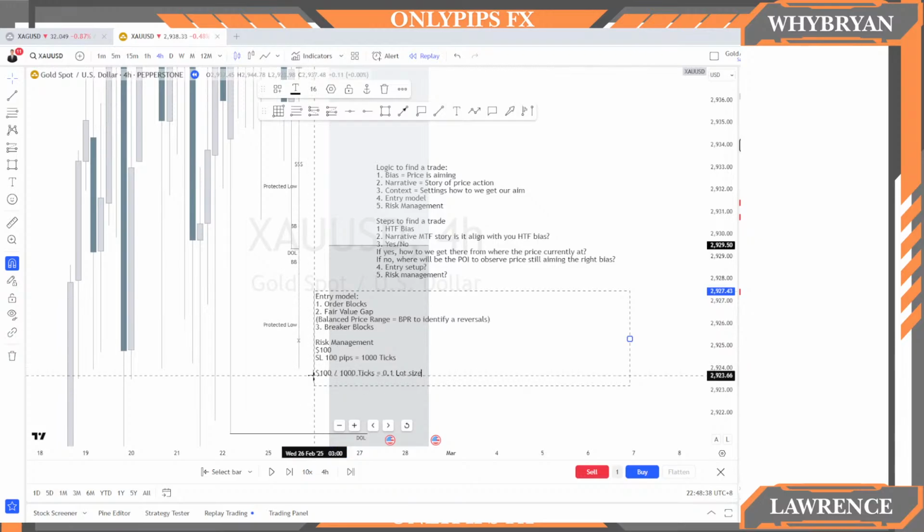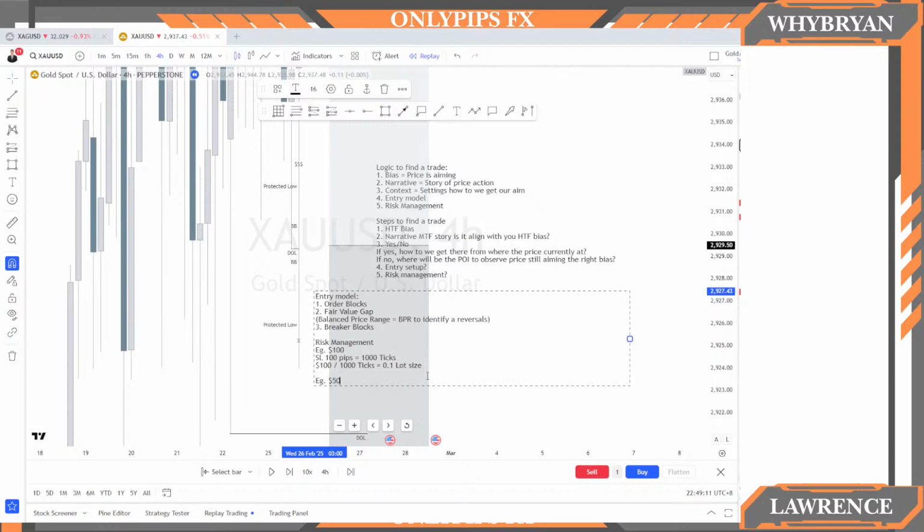Okay, so if you are risking on this, how much would you lose once you hit the SL for a hundred pips? It's just $100. Okay, so that's easy. Let's do another example.